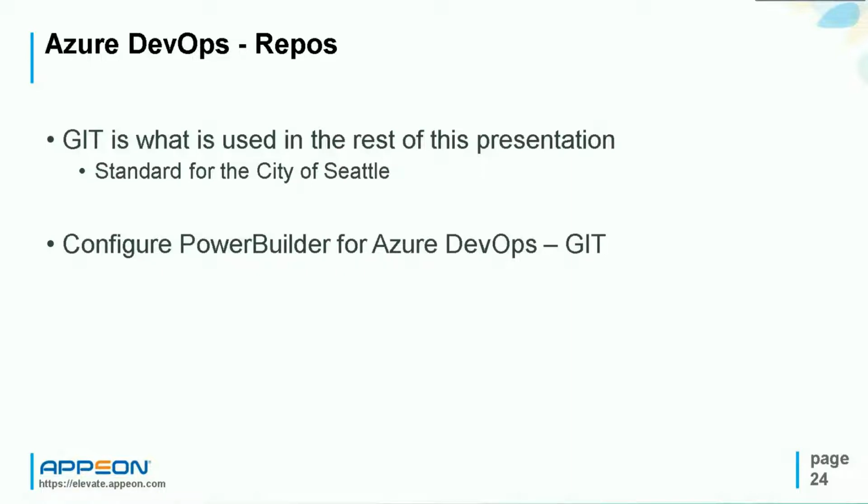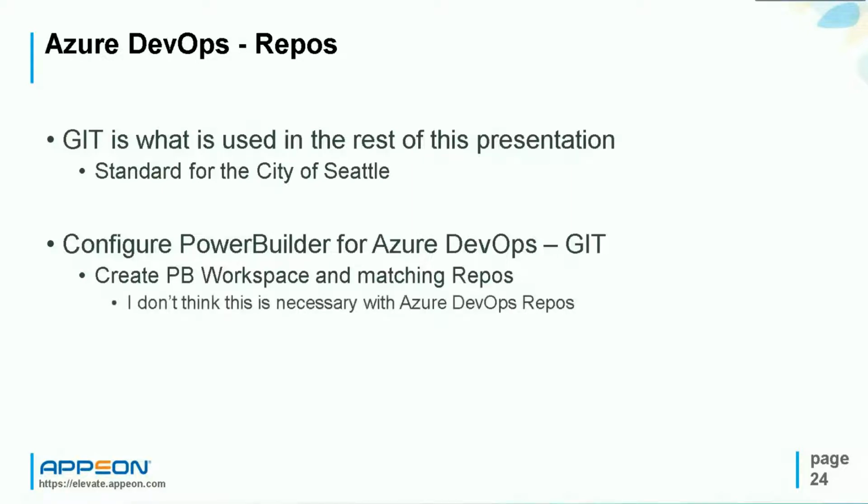So next we're going to talk about how to configure PowerBuilder to use Azure DevOps Git. There was a requirement that your workspace and your repo name had to be the same, but I don't think that applies anymore. I saw that documented a few places, but I don't think that's the case anymore. But if you run into weird problems, that might be a cause for your problems.